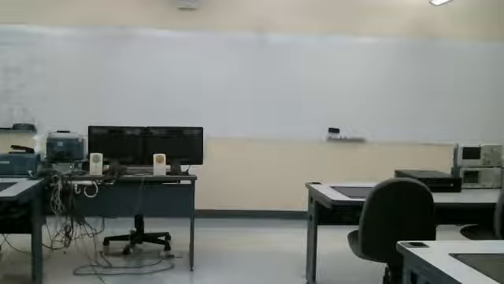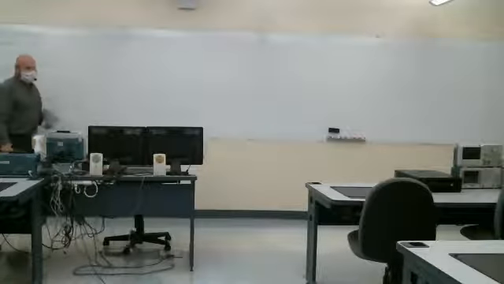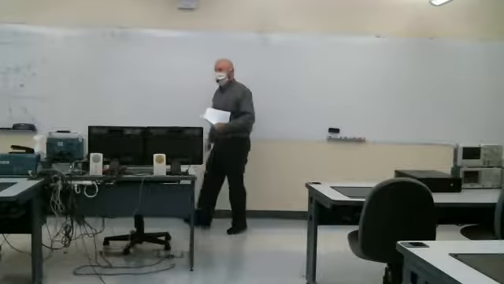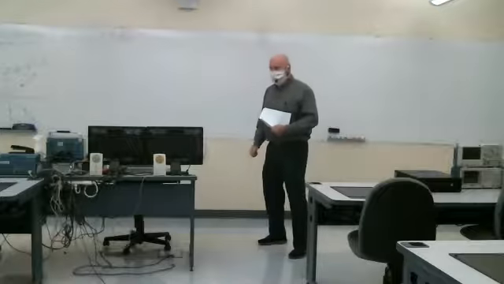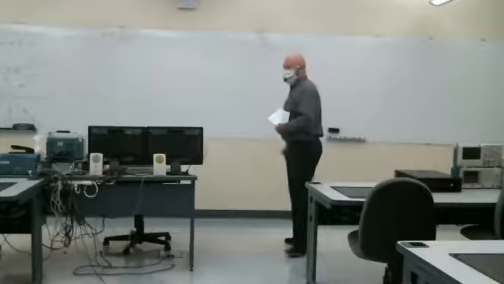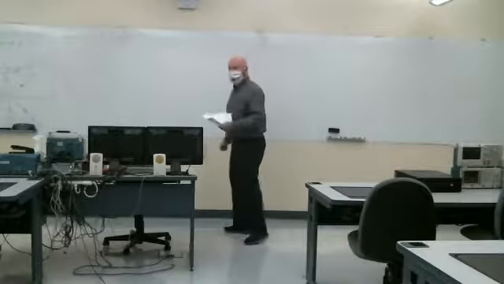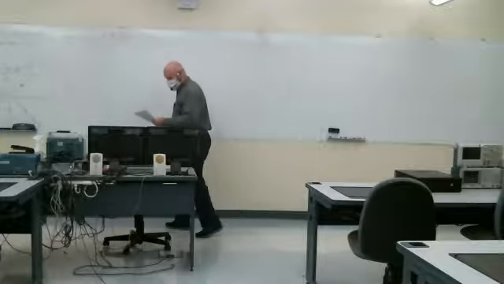So r is the vector that goes from the source to my test particle. And again, I'm sure you saw this in physics 2, if you've taken it yet. I know some of you may not have taken physics 2 yet, but you probably saw it in high school physics if you got this far.